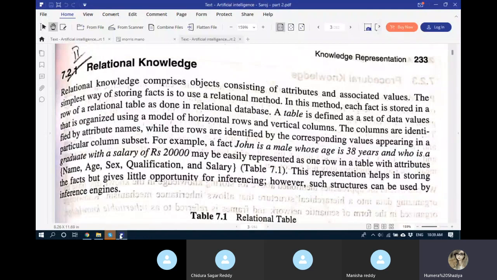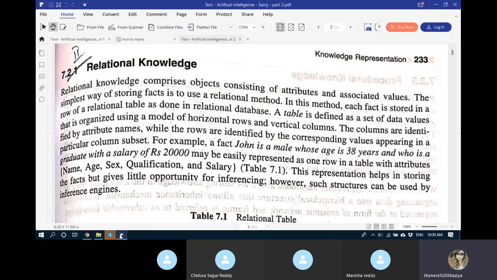Next, relational knowledge. What do you mean by relational knowledge? Can anyone tell me what is a relation? Please tell me quickly. Relation means a table. Relational knowledge means representing knowledge in the form of a relation.